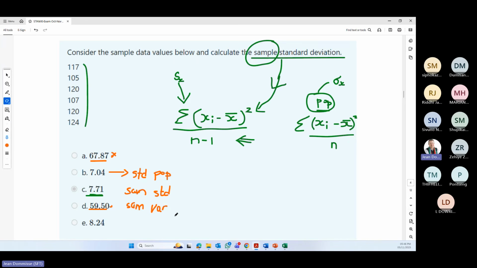Here, if I ask for any of the samples, so variance of a sample or standard deviation of a sample, there is an answer. If I ask you the population standard deviation, there is an answer. So just very important to note that.